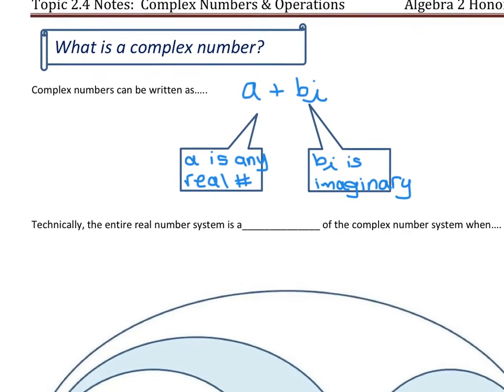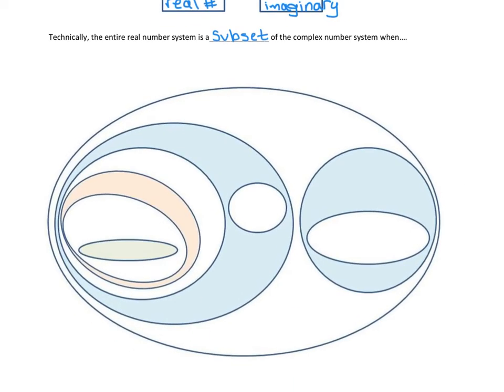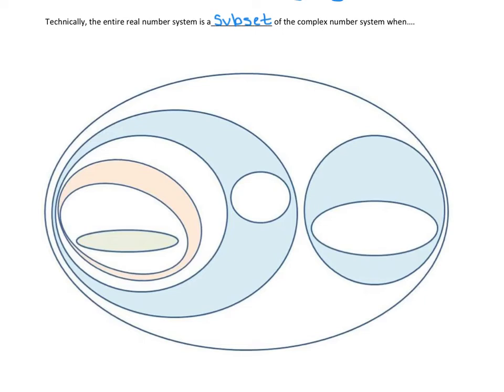So how does that fit into what we already know? Well, what we're familiar with so far is the real number system. And technically, that real number system is considered a subset of complex numbers. If we look at this pictorially, it may not look like it, but this is a Venn diagram. A Venn diagram is a way that we compare and contrast, and in math, we use Venn diagrams to show sets, subsets, and supersets.